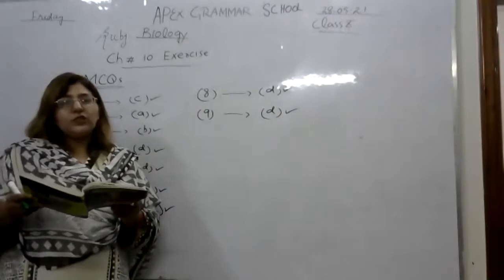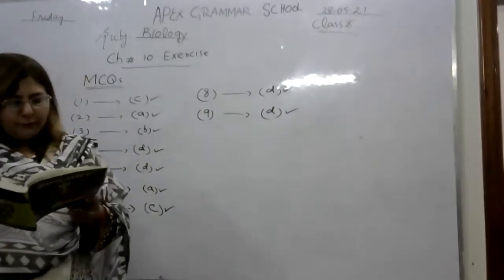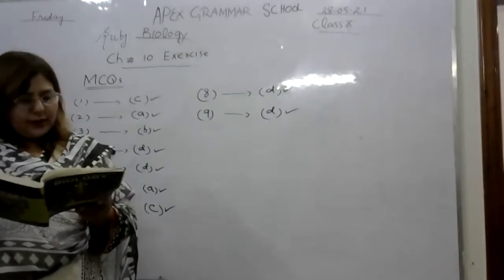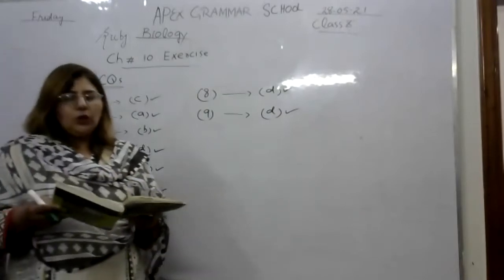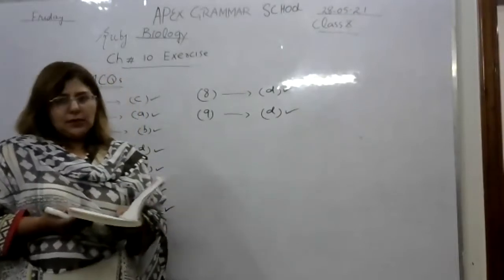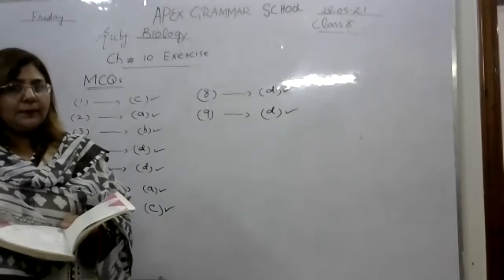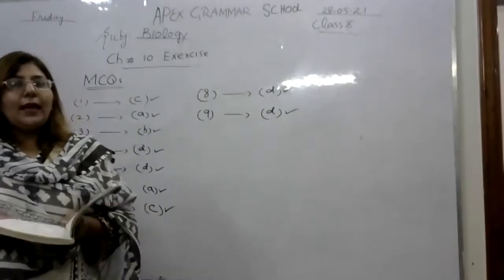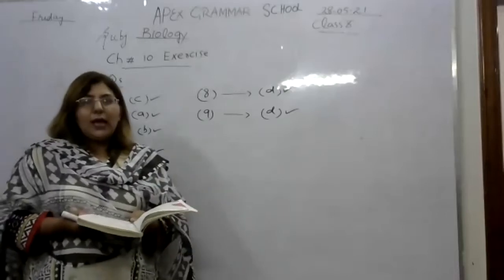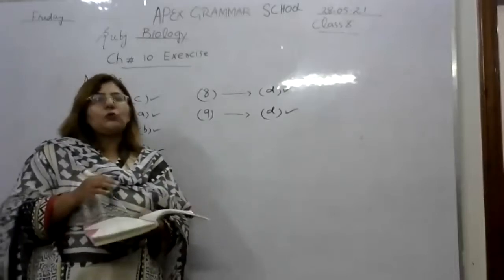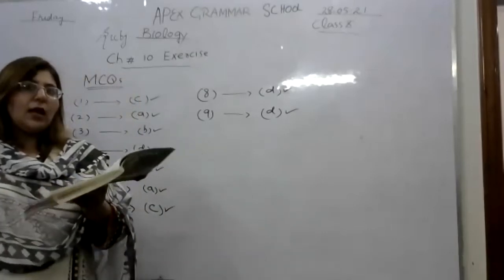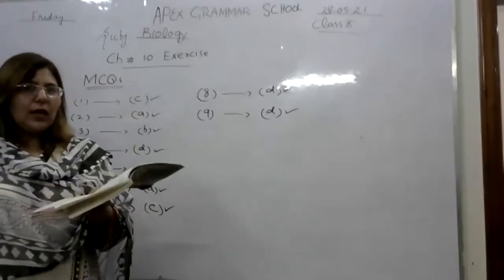Now come to question number 10. What type of blood vessels surround the alveoli? We also learned these things in class 9, chapter 9 biology, that we have three types of blood vessels in our body: arteries, veins, and capillaries. In this question they are asking which type of blood vessels surround, or cover, the alveoli.